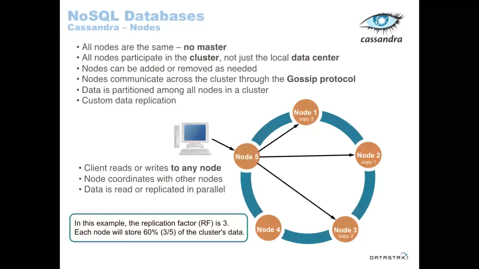Since the data is replicated 3 times, each of the nodes in this cluster of 5 will store 60% of the cluster's data. This is actually pretty small for a data center, so this number is usually much smaller than 60% of all of the data.